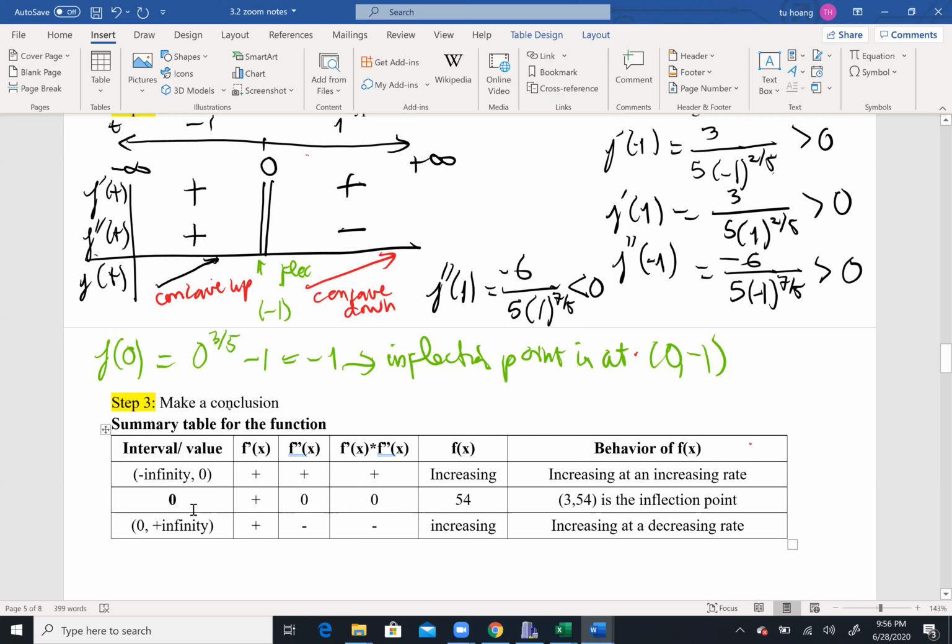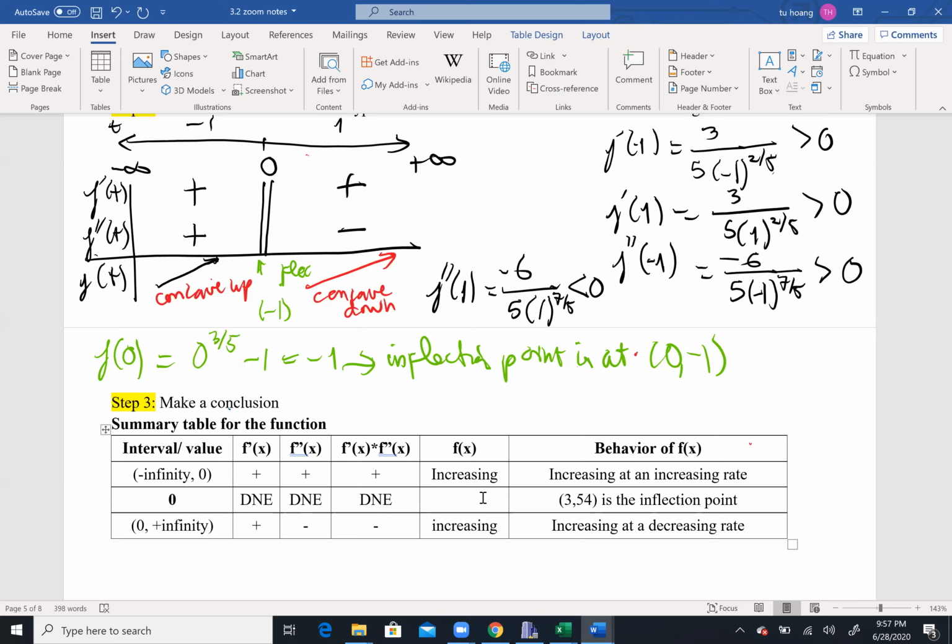For the value 0 here, when x equals 0, you should have f of x does not exist, and if the second derivative also does not exist, so the product also does not exist.